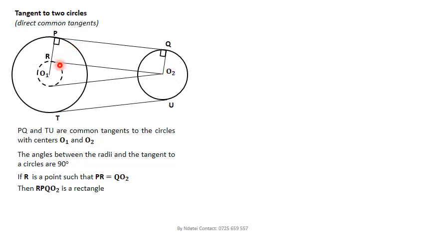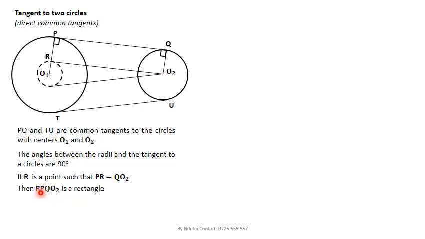If the circles with centers O1 and O2 were, say, gears, and PQ is a belt that goes to the 2 pulleys or 2 gears like it's seen there, and then UT and all that, so that we have a distance going around like that, we can look for the distance there if we use this geometrical figure RPQO2.